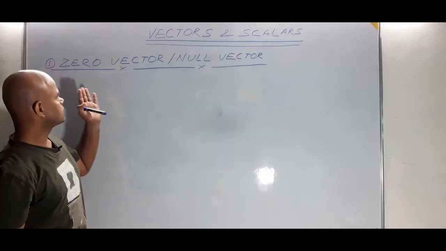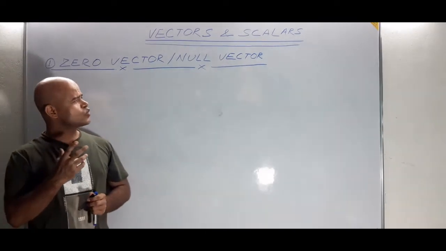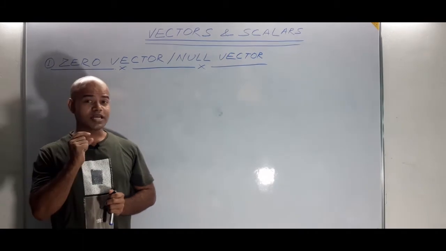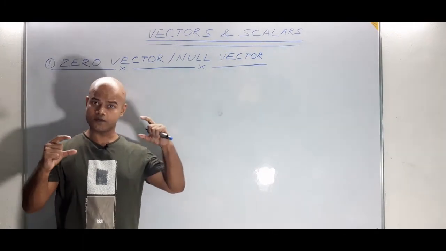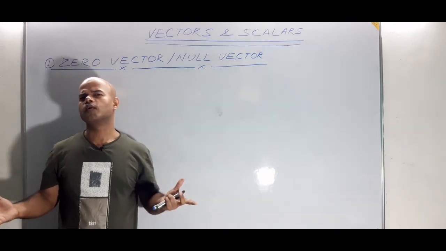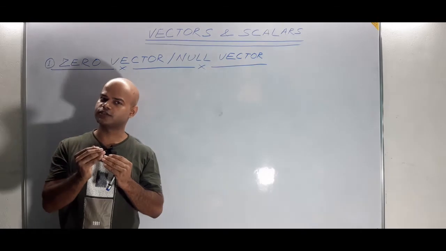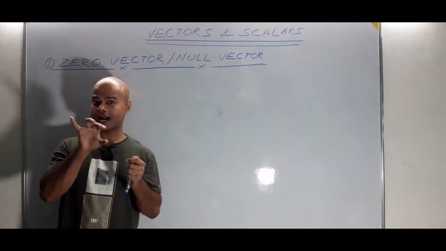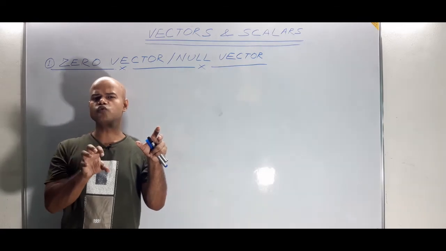Alright, so the first one is zero vector or null vector. Let's try to derive the meaning from the name itself. Zero vector. Vector we already know: a physical quantity which has both magnitude and direction. But it's zero vector. So what can be zero in magnitude and direction? Magnitude is zero.